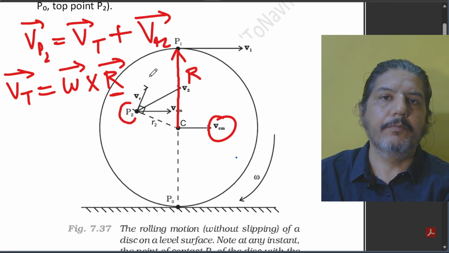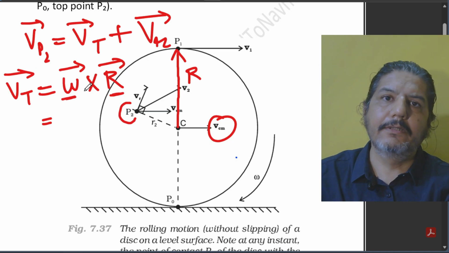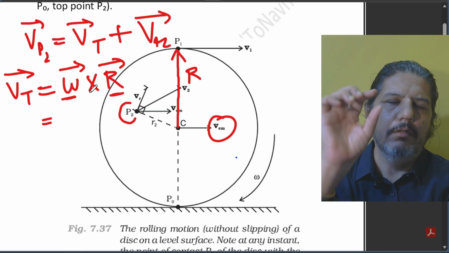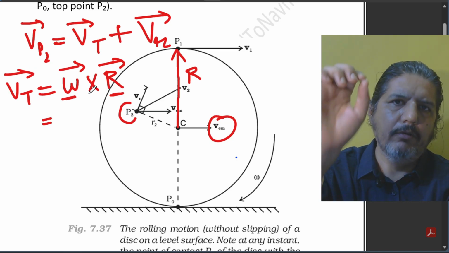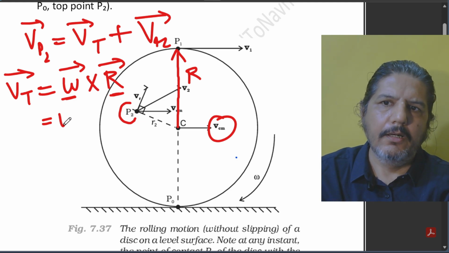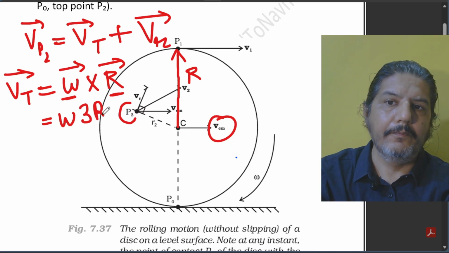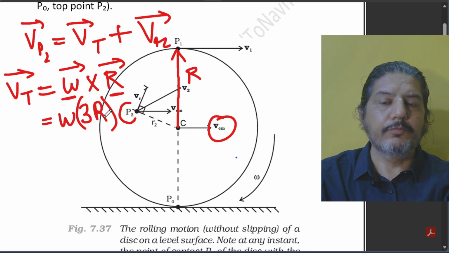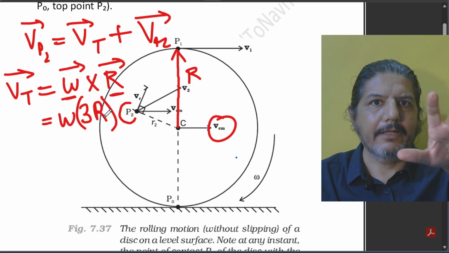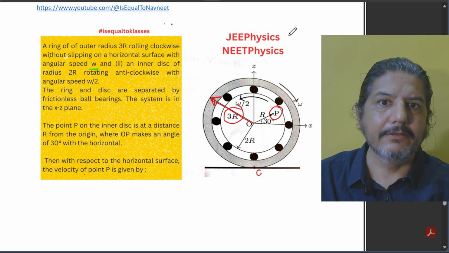That is why when I show you the solution, you will see omega is the angular speed of the ring, the outside ring. So this is omega, and R in our case would be 3R. Because it is moving in the clockwise direction, if I have to put it in vector notation, my coordinate axis has been defined like this.